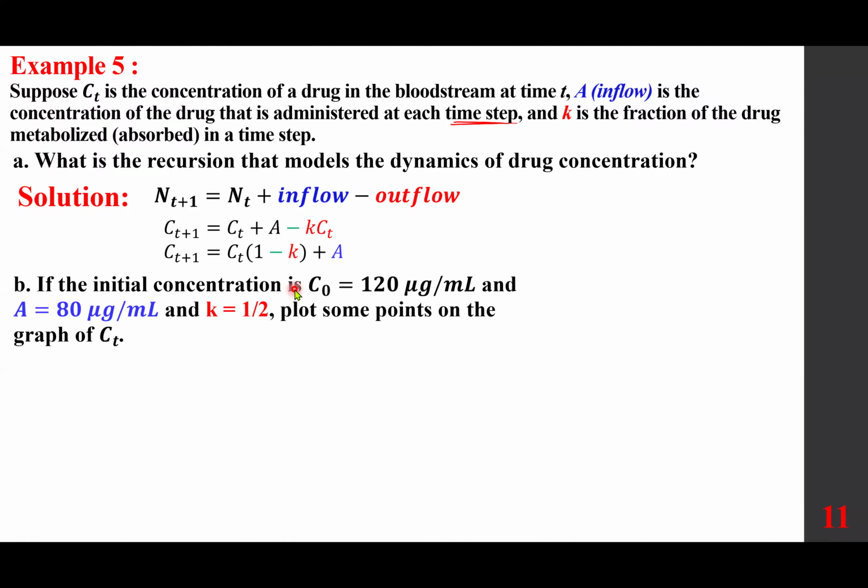So if the initial concentration is C sub 0, 120 micrograms per milliliter, and A, the amount that we are adding, is 80 micrograms per milliliter, and K is 1/2, the fraction that is absorbed, plot some points on the graph of C sub t.